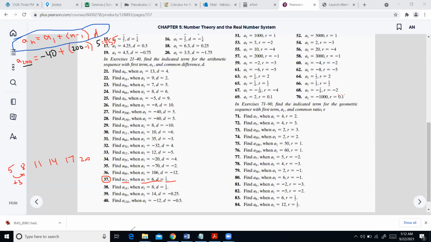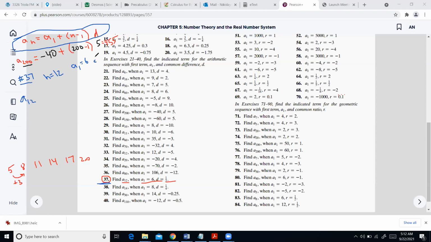Let me do number 37, just to show how we are using it. So in exercise 37, I'm going to be looking for A12. So this means that n is equal to 12. A1 is 6, and d is equal to 1/2.